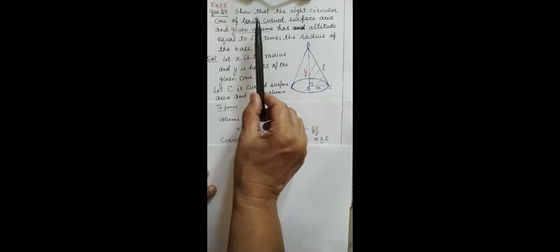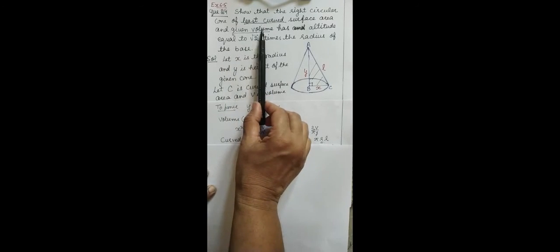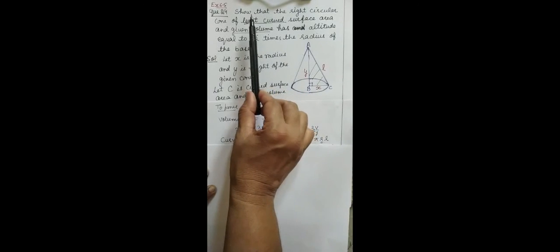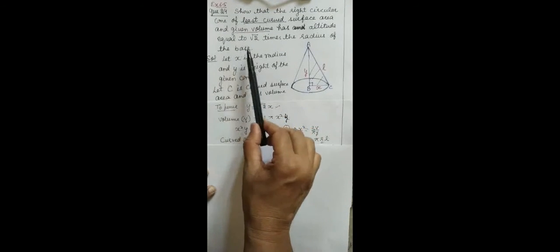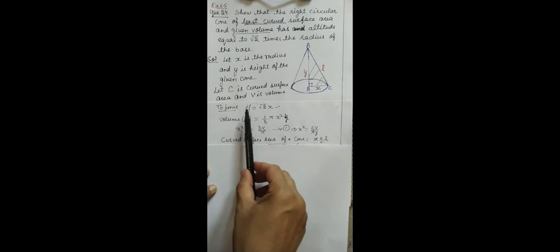If this happens, then the height of that cone is equal to under root 2 times the radius of the base. Now I am taking radius as x, height as y, and slant height as L. That means now I have to prove that y is equal to root 2 x.